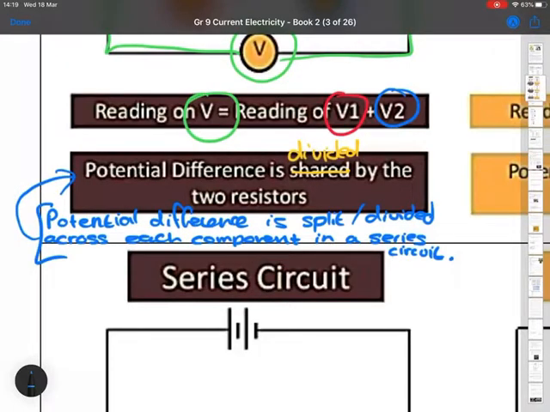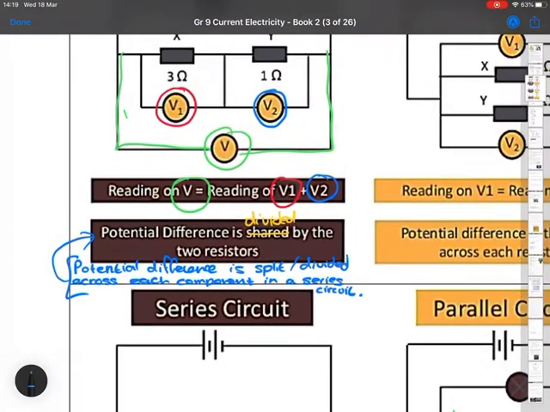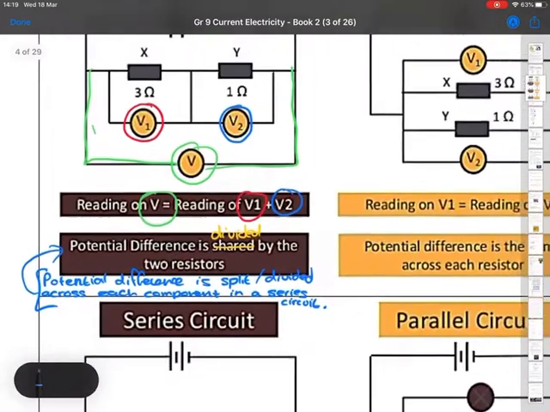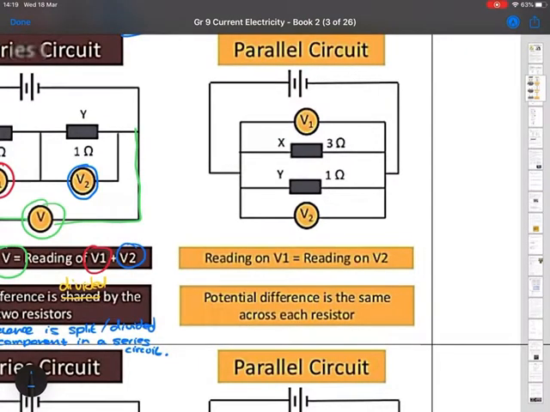What I've written in blue basically means what they've got there, but it also includes other components. So if I had light bulbs, it's not just resistors that can be in series, you can have other components like a light bulb. So my definition is a bit more broad.